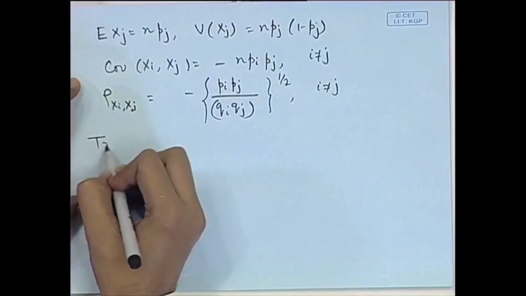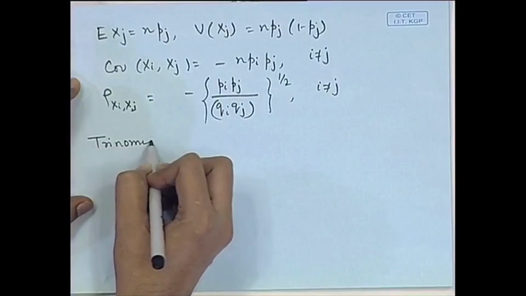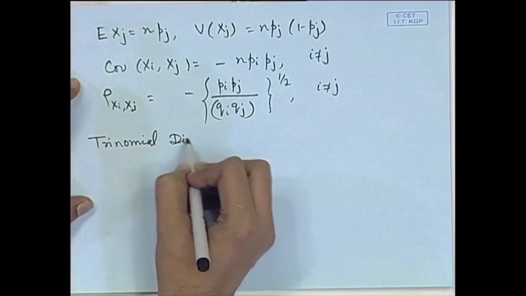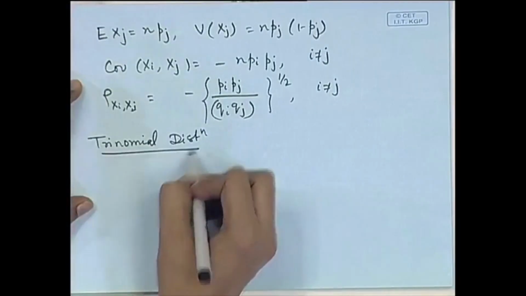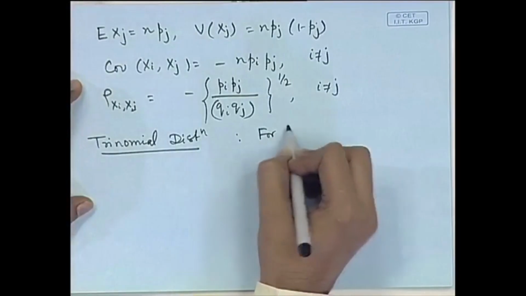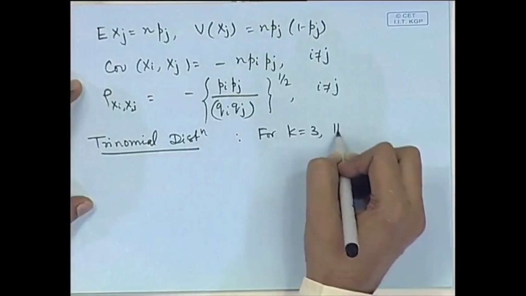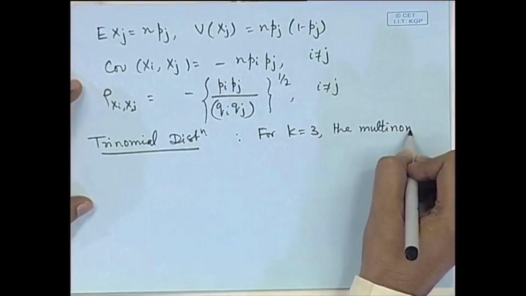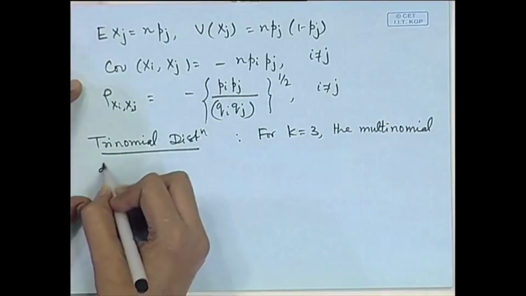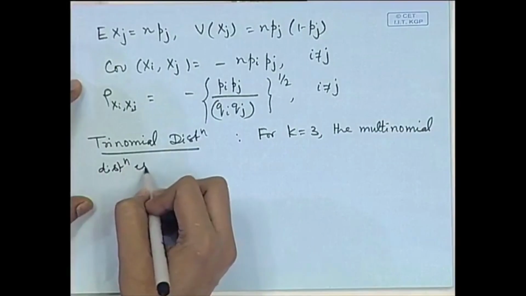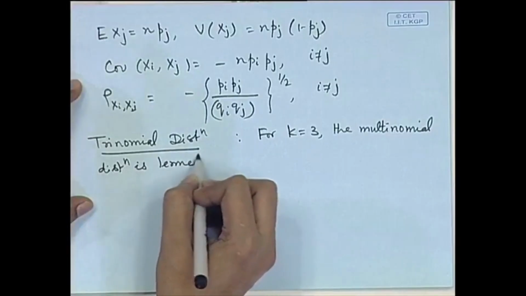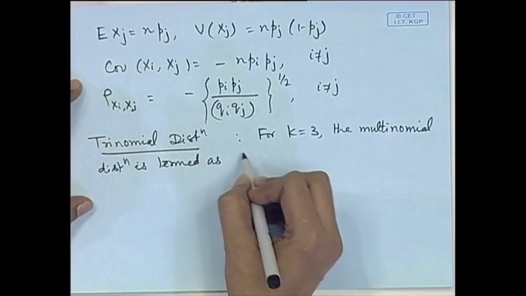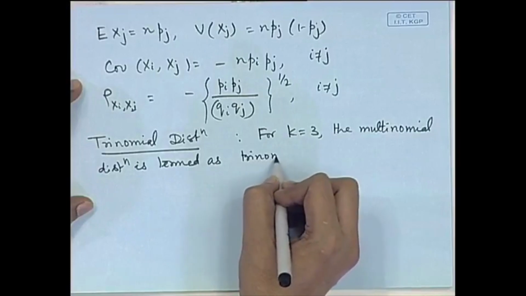So, for k equal to 3, the multinomial distribution is termed as trinomial distribution.